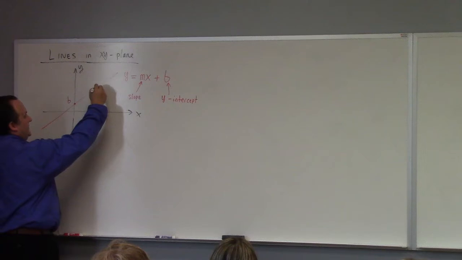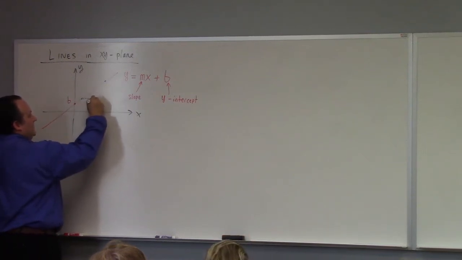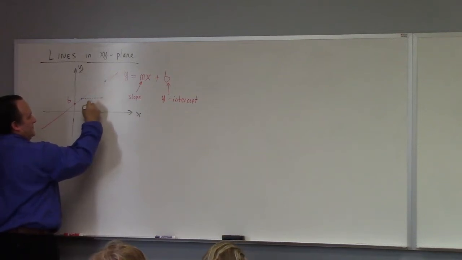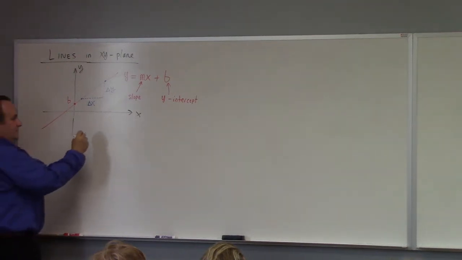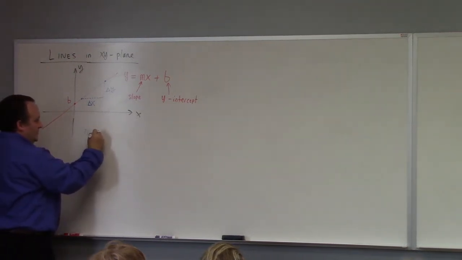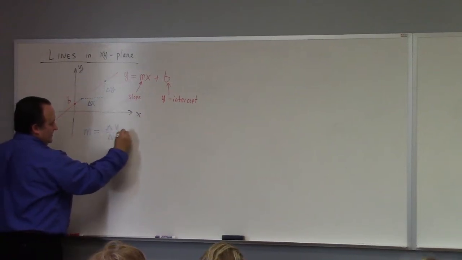If you take 2 points on the line, like this point and this point, and you make a little triangle, like so, you can look at the change in x and the change in y. And m, the slope, is going to be the change in y over the change in x.